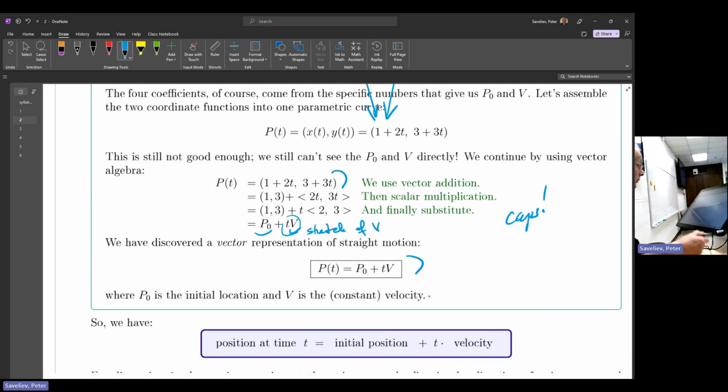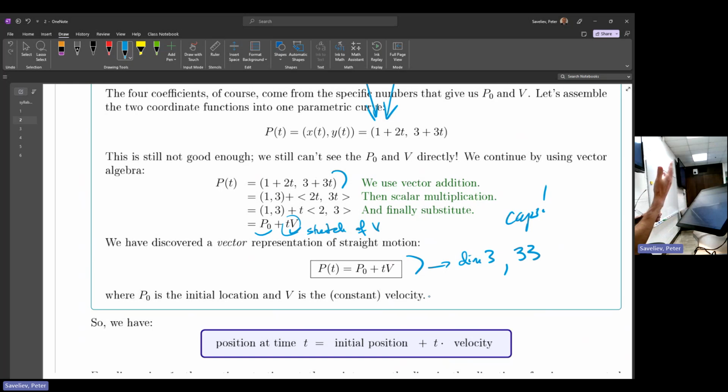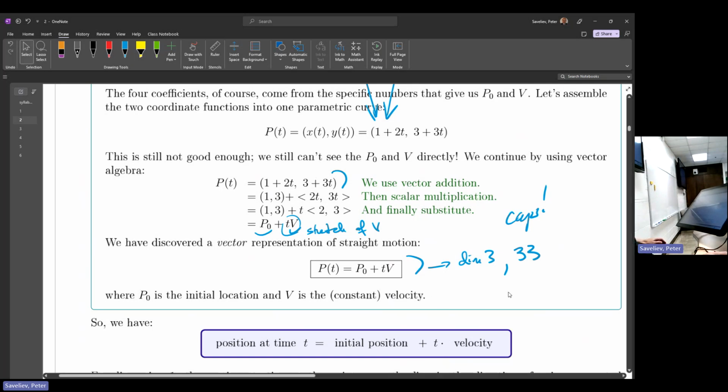Not only that, you can go to dimension 3 or 33, it doesn't matter, it will look exactly the same. So your motion could be through a 10,000-dimensional space, of stock prices say. As long as it's constant velocity, it will look exactly the same: p naught plus t times v. That's really the power of vector algebra.